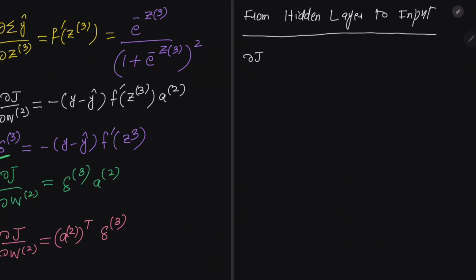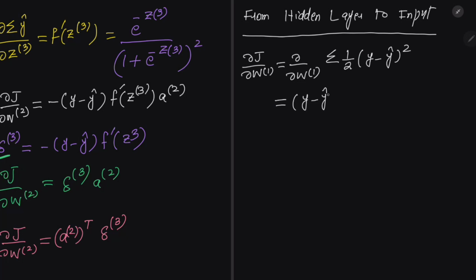So take a derivative of J with respect to W1, that will be equal to partial by partial W1 summation 1 by 2 (y minus y hat) square. Just take a derivative and apply the chain rule, partial by partial W1 summation (y minus y hat).